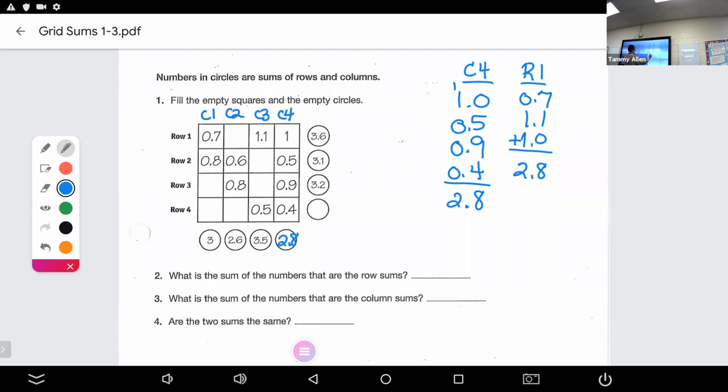Yeah, we need to subtract now. 3 and 6/10 minus 2 and 8/10 gives us 8/10, right?